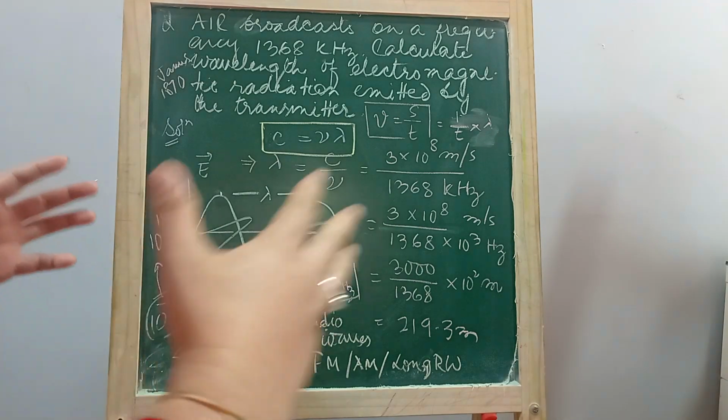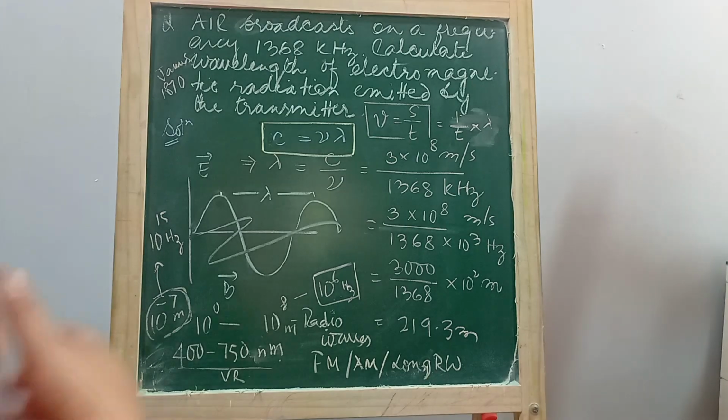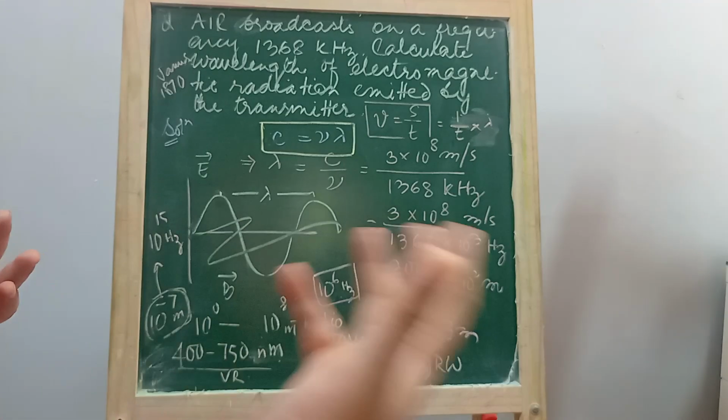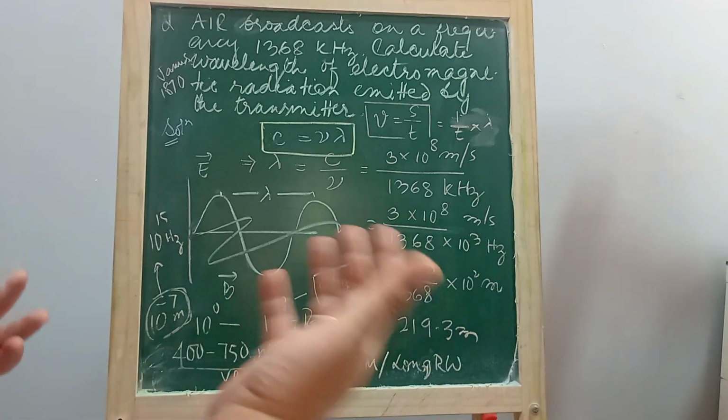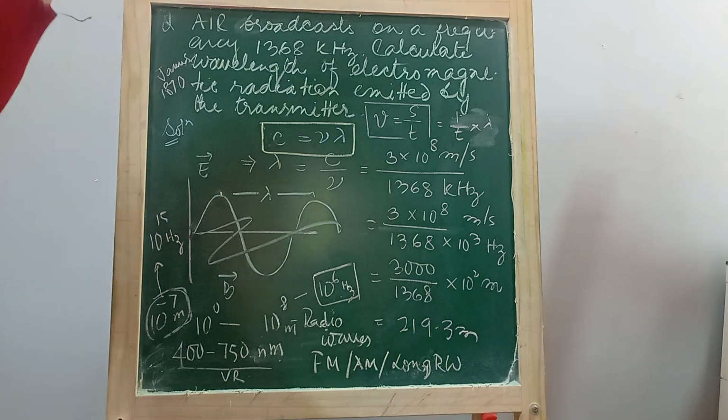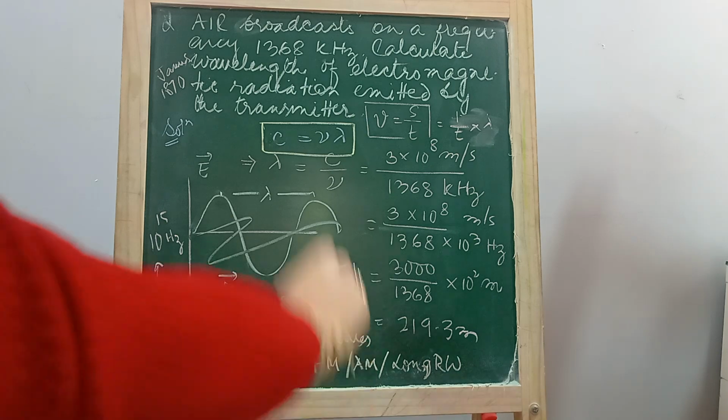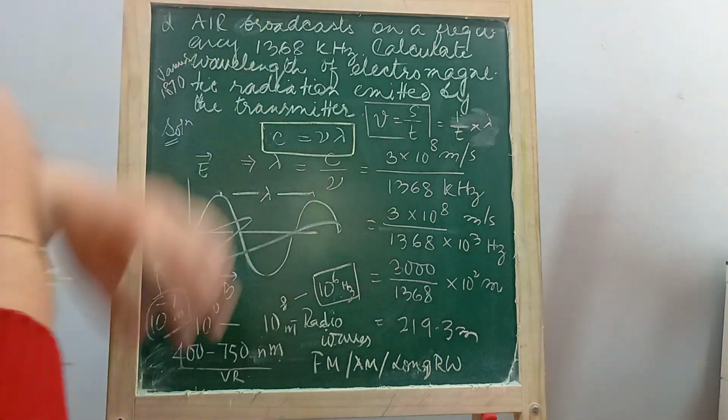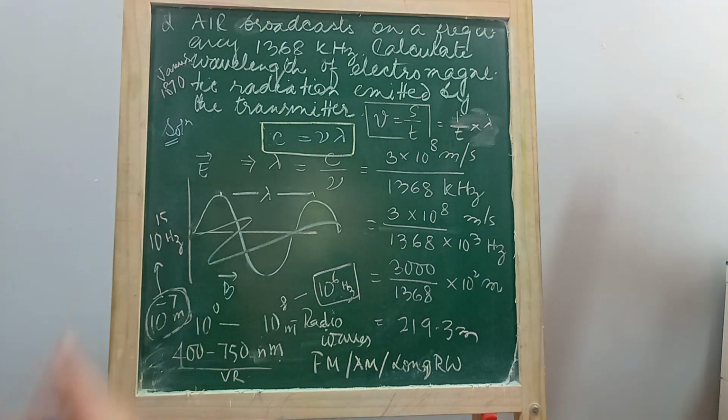One more thing: electromagnetic radiations, unlike sound waves, do not need a medium to propagate. If it is coming from the sun or from a radio, it doesn't need a medium to be there. It can be transmitted easily.